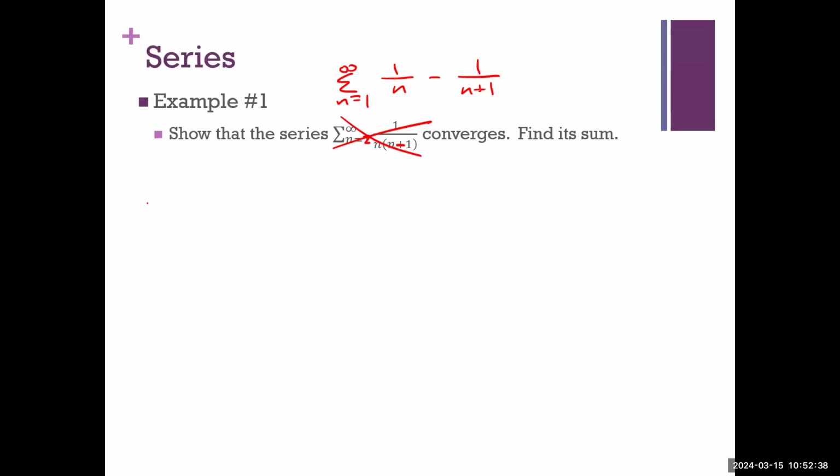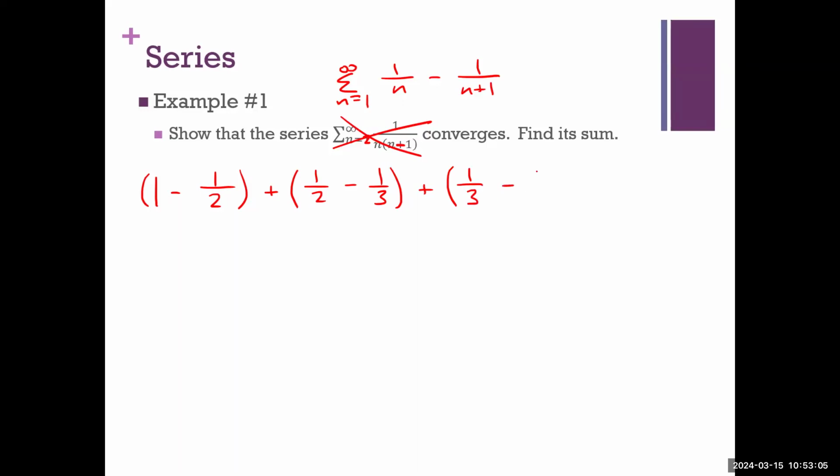Let's look at the first few terms. First term is going to be 1 minus 1 over 2, right? What's the next term going to look like? One half minus 1/3 plus. Actually, I'll just write it down.